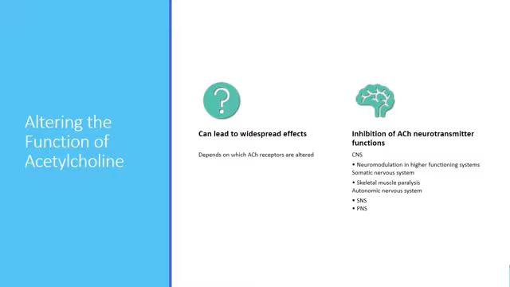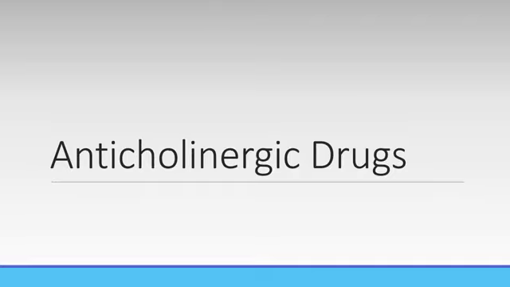And if we inhibit acetylcholine function within the autonomic nervous system, specifically at the nicotinic receptors, that's going to lead to alterations involving the autonomic nervous system, at both the sympathetic and the parasympathetic branches. So we really don't want to alter the nicotinic aspects too much, because of the widespread effects that can result. So let's look at some of the anticholinergic drugs that are available.